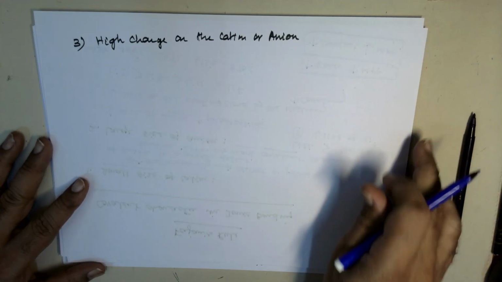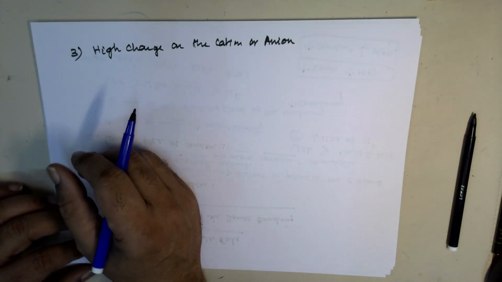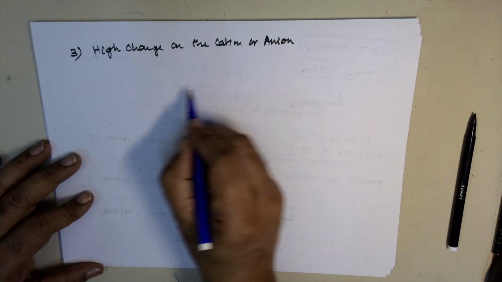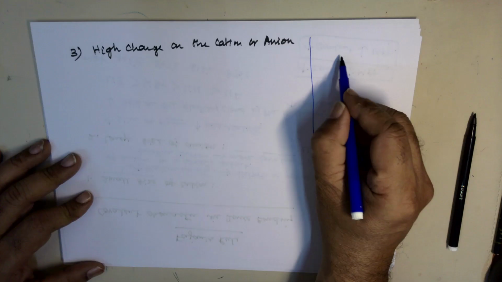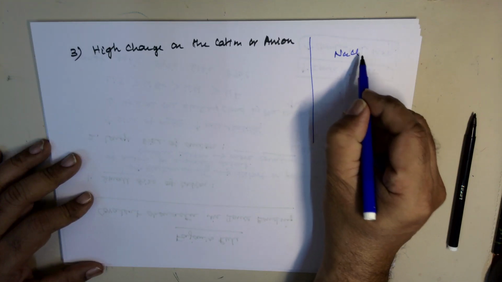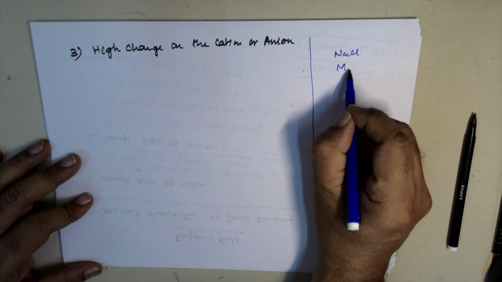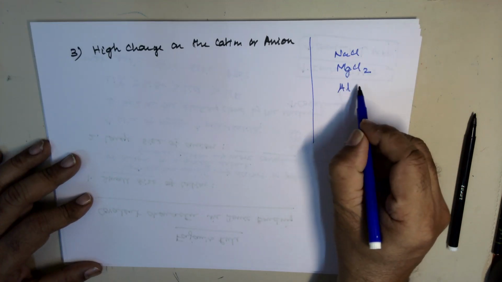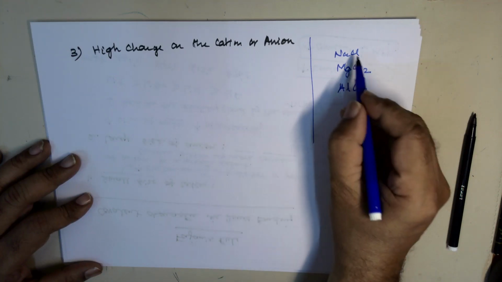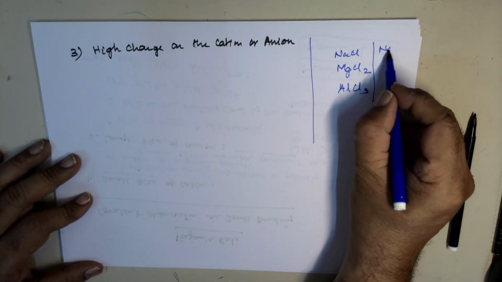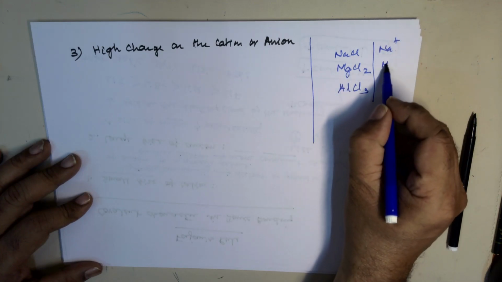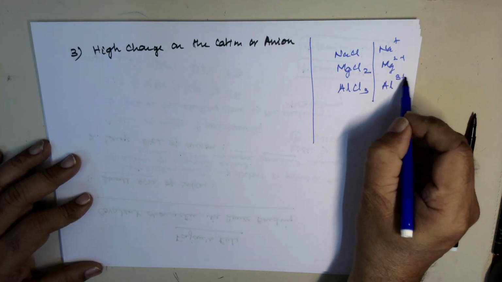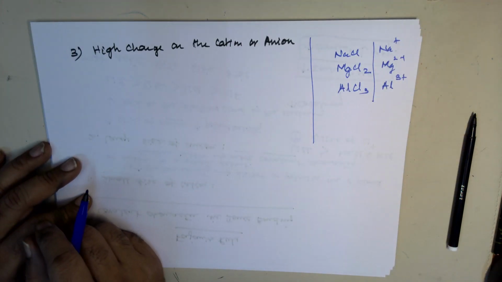Let us consider sodium chloride, magnesium chloride, aluminum chloride. What are the molecular formulas? Sodium chloride, NaCl. Then magnesium chloride, MgCl2. Aluminum chloride, AlCl3. Now, what about the sodium ion here? Na+. Magnesium ion, Mg2+. Aluminum cation, Al3+. So there is an increase in the charge, right?